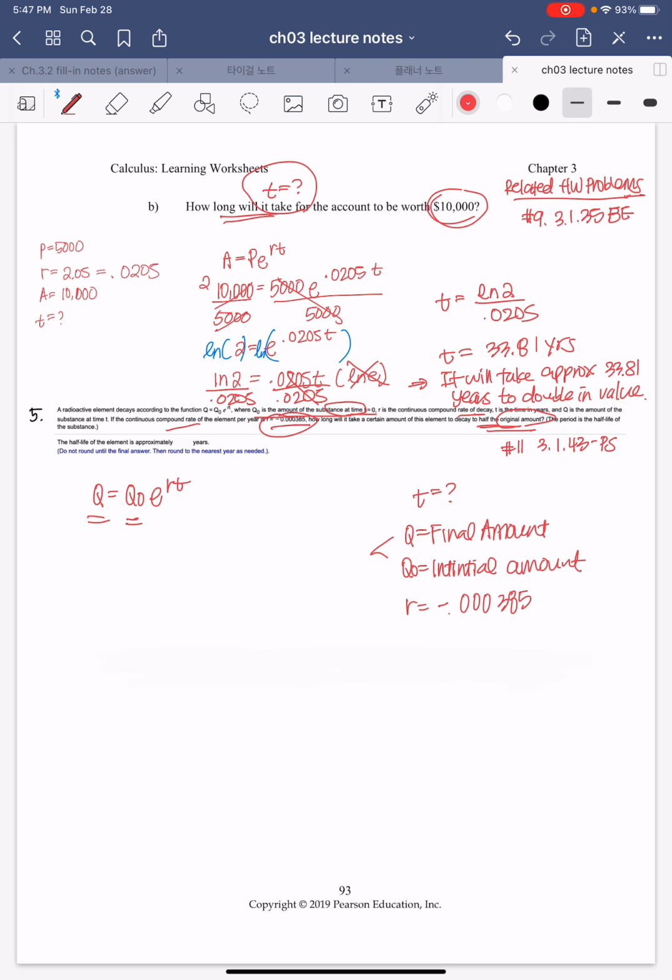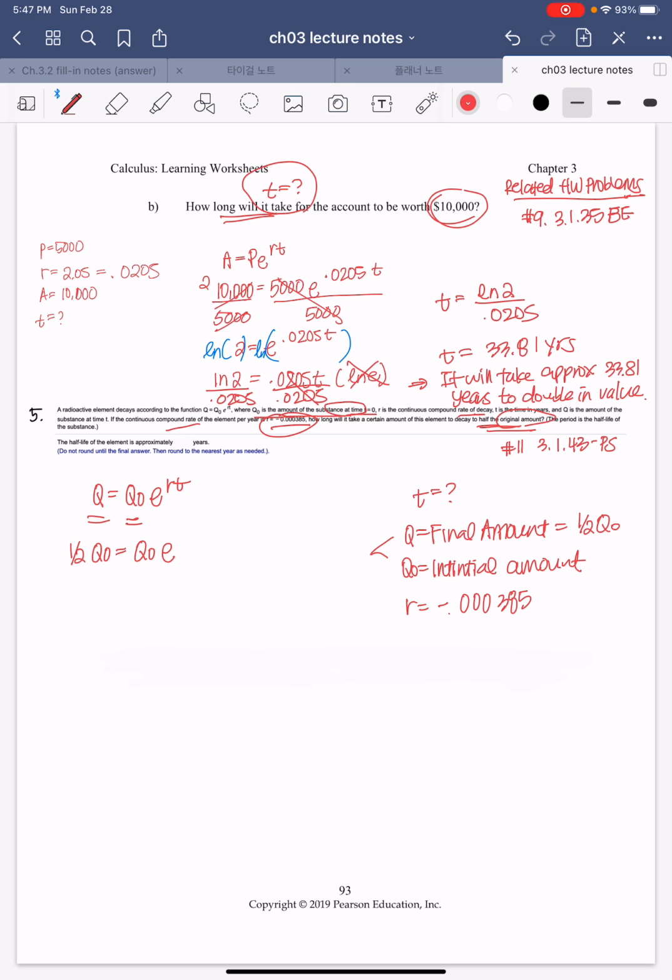So you can say Q is half of Q sub 0. Whatever Q sub 0, the initial amount, is, final is half of Q sub 0. So that's what I'm going to put. Q will be half of Q sub 0. I don't know what the original amount is, so just leave it as Q sub 0.